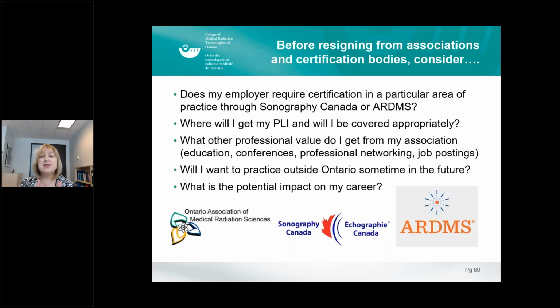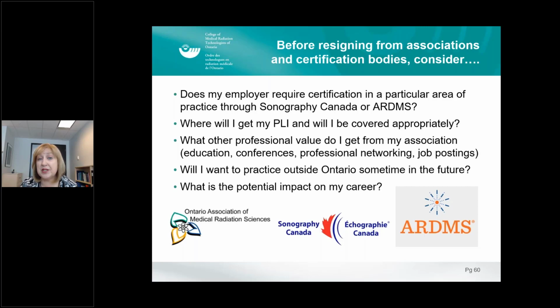But before you resign from your associations and certification bodies, you need to think about other things. So although CMRTO is the mandatory part, there are other more nuanced things that you need to think about. Your employer might require certification in a particular area of practice through Sonography Canada or ARDMS.